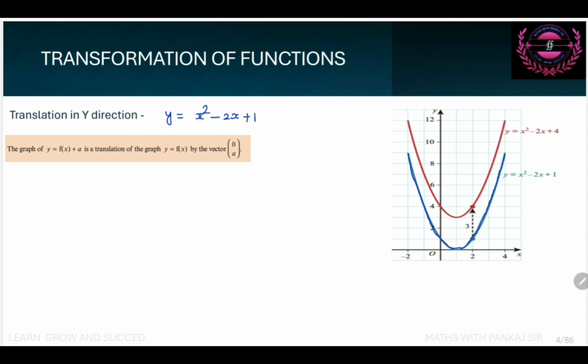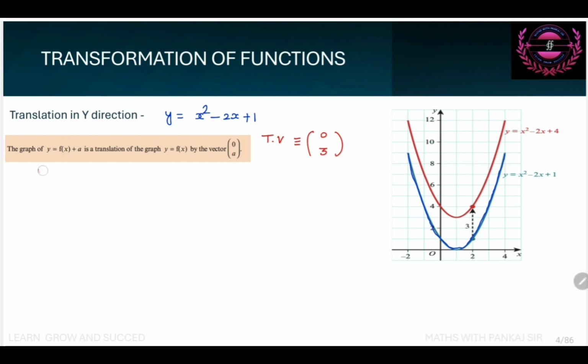So this is y equals x squared minus 2x plus 1. Now, if I am given a translation vector of (0, a), whenever there is translation in the y direction, we add that particular value to the function y equals f(x).